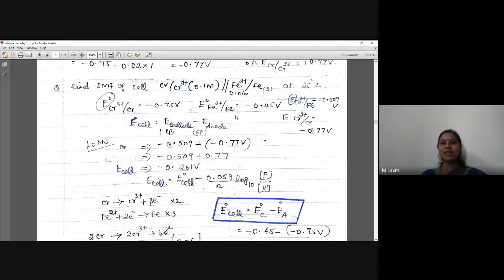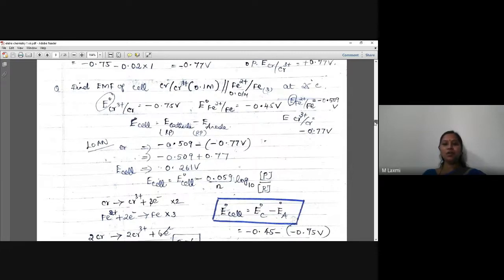Okay, Arya? Yes, ma'am. Generally you will be given only E naught values. E naught of cell values will be given. For example, E naught of chromium and E naught of iron should be given. This should not be given, because if these two are given, then there is no point in dealing with the Nernst equation, right? If this is known, since E of Fe and E of Cr3 plus were given, we have directly solved what is E of cell, that is 0.26, right?